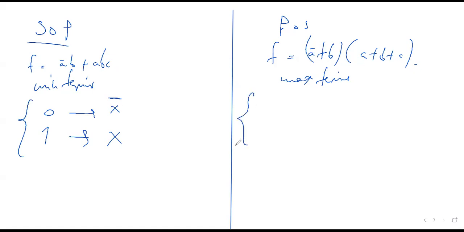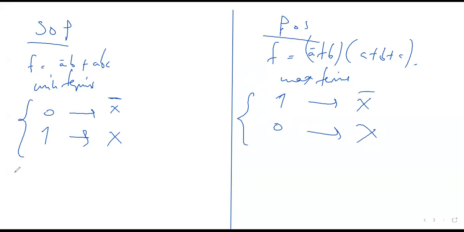Now for the max terms, a variable is complemented if it's 1. So for max terms, if your variable is 1, then it's complemented. If it's 0, it remains uncomplemented. The definition of these two canonical forms can also be given in terms of min terms and max terms.